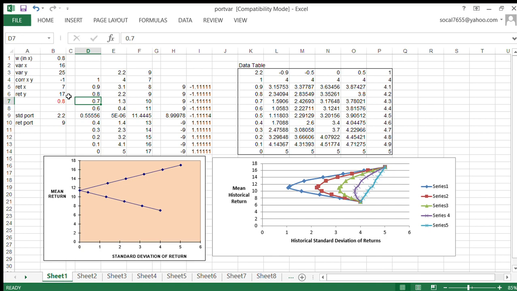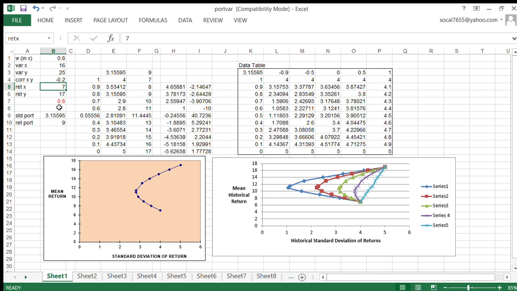So, look at this. The correlation coefficient here, which now down here in the graph is -1, is less than the ratio of standard deviation of x to standard deviation of y, and the curve bends backwards. Let's make it minus 0.2. That's still less than 0.8. Curve still bends backwards. Let's make the correlation coefficient 0. Still bends backwards. I'll change this weight now. I don't need it that precise anymore.